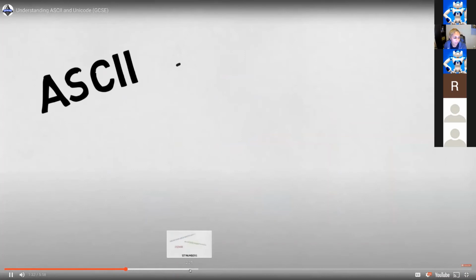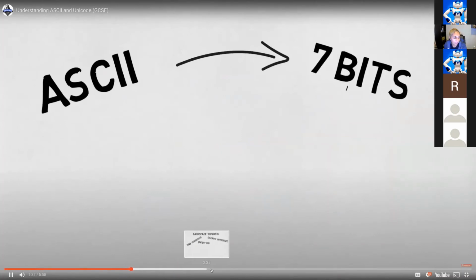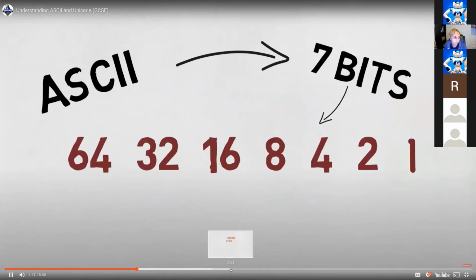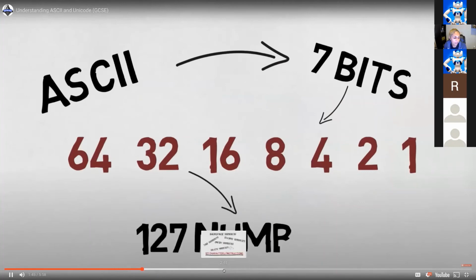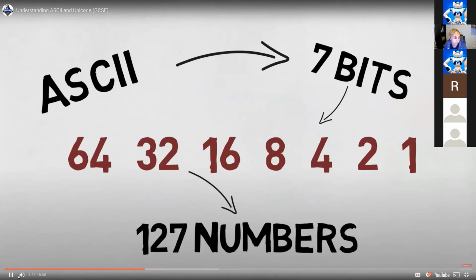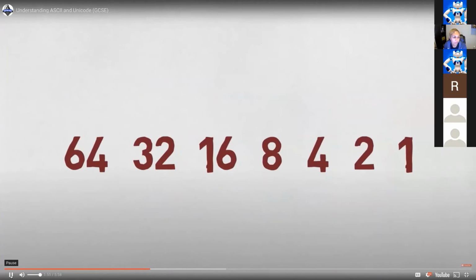ASCII uses 7 bits. In other words, the binary numbers representing these letters have 7 bits to them. So we use these 7 columns to create a possible 127 different numbers, each of which has a number, letter, or symbol associated with it.